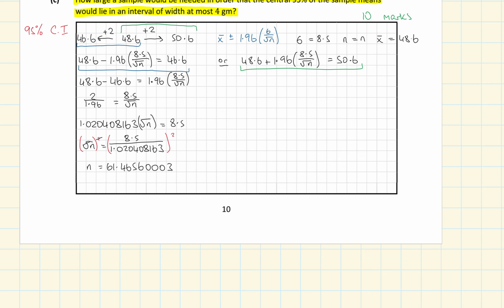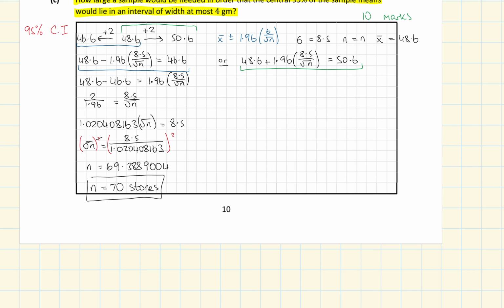What did I miss in my calculator? Oh, 8.5. There we go. So 69.38890004. So we've just gone past 69 stones. So then it will be 70 stones.